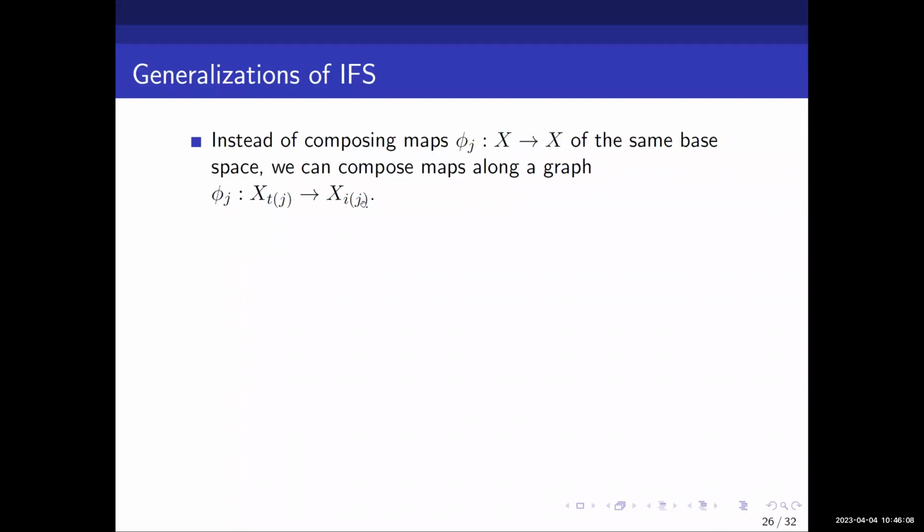For the purposes of dynamics, if you're trying to do symbolic dynamics and code some complicated fractal set, you may not always be able to compose these maps. So instead of composing maps that are defined on the same base space, you can do something called a graph-directed system, where you think of a graph whose vertices are spaces and edges are maps.